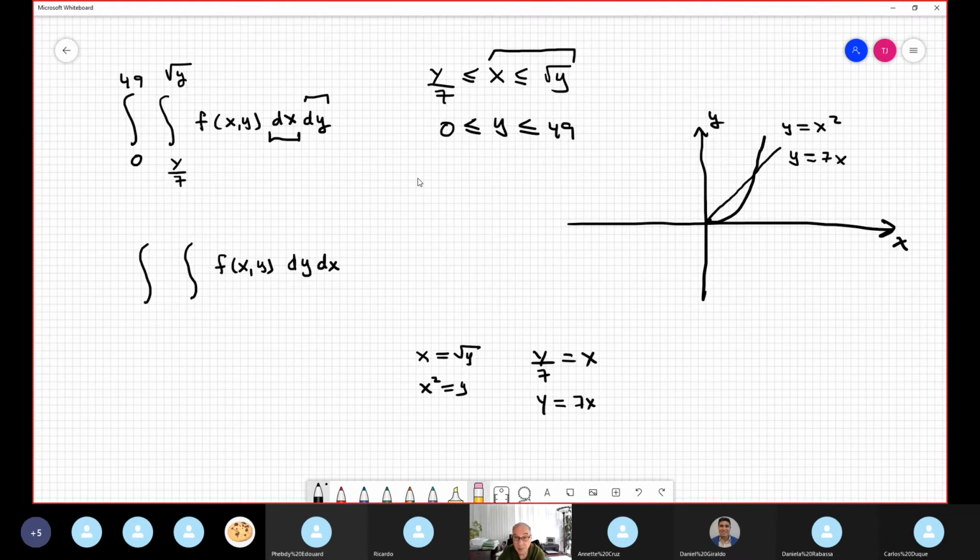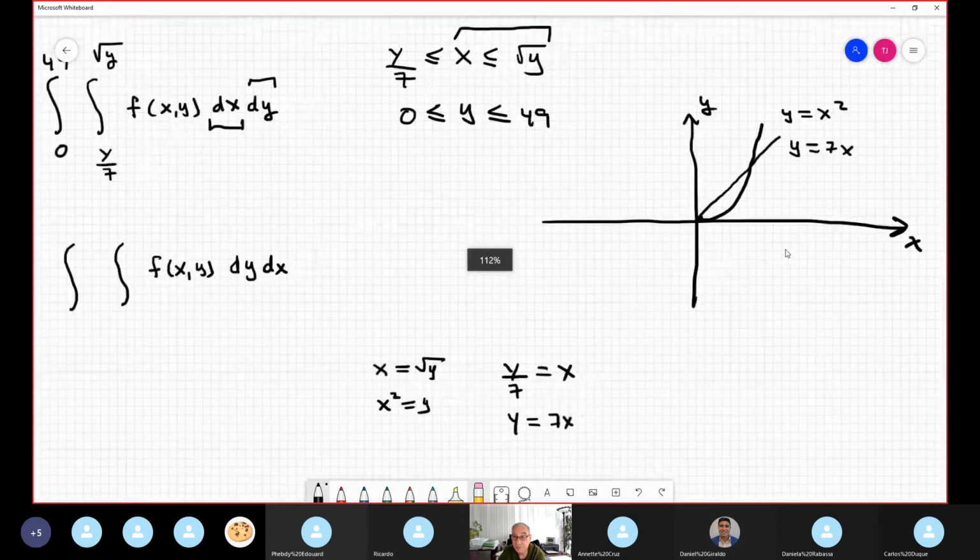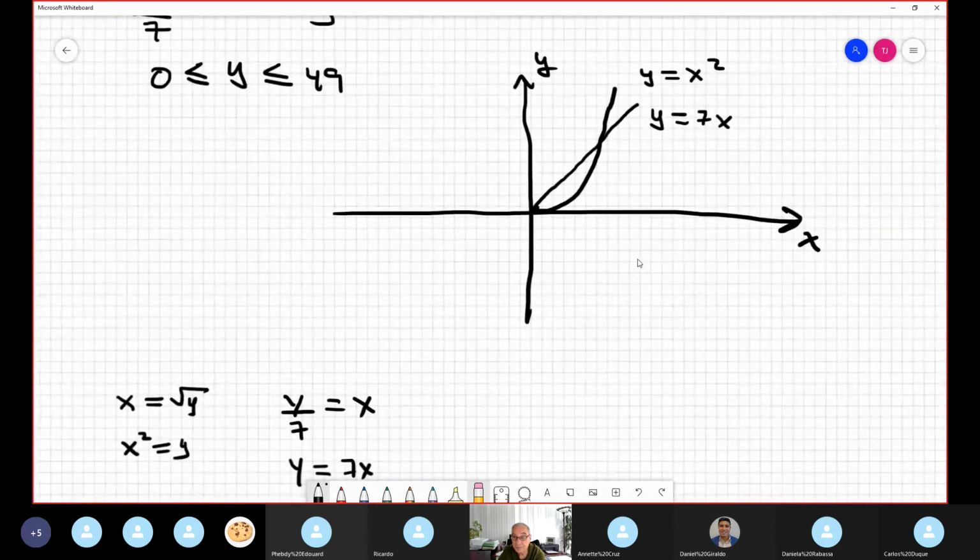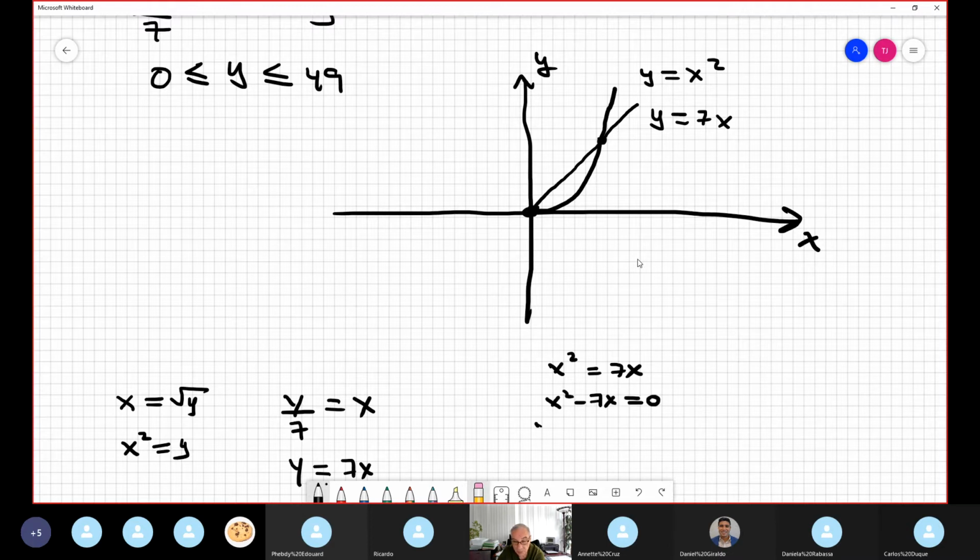Well. Now let me zoom. The intersection is this point and this point. So you set them equal to each other. X squared equals 7x. Elementary quadratic equation. X squared minus 7x equals 0.